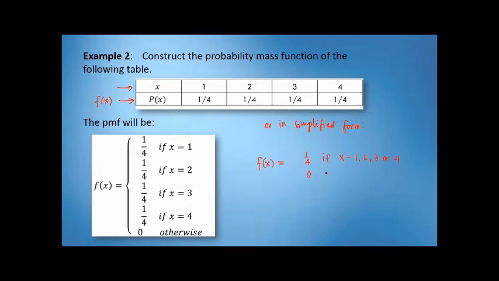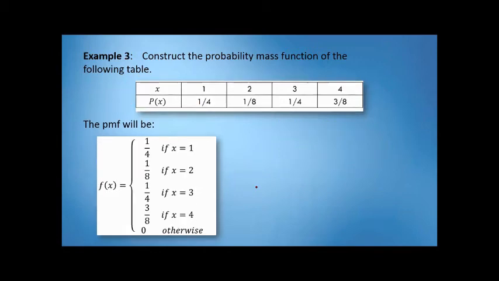Then ang kasunod na niya ay 0 otherwise. Ayan. So mas pinaliit natin yung malaking piecewise form. Okay. So this is how we construct the PMF of example number 2.